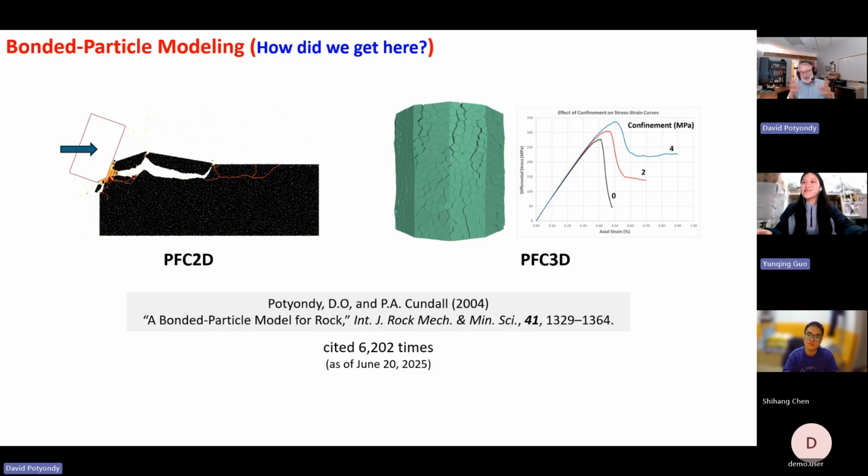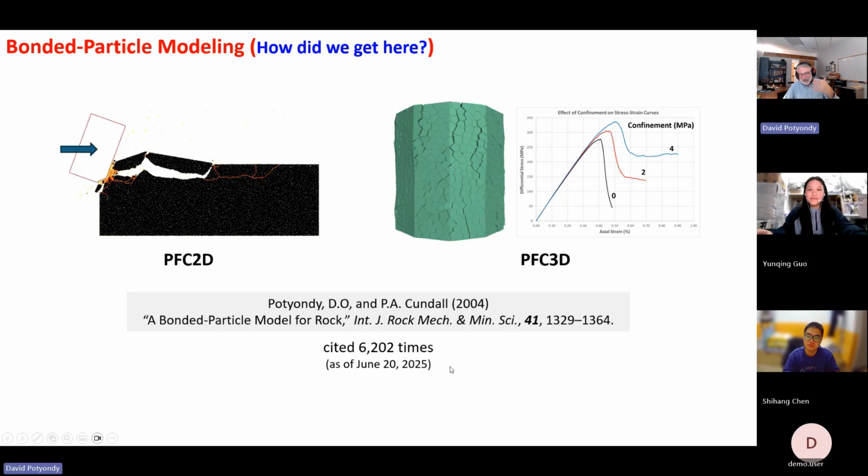But if there's confinement, even after it has so-called failed, it still can sustain load. And so this starts to flatten out. And the more confinement, the higher that is. Yeah. This is exactly rock. This is exactly the model. Okay. So this is just an example of demonstrating that we can bond this stuff together in very intelligent ways in 3D, not just in 2D, and it behaves like rock.